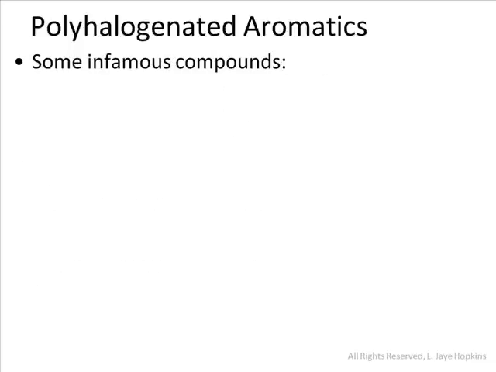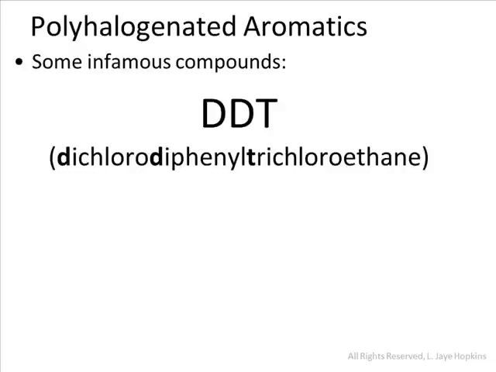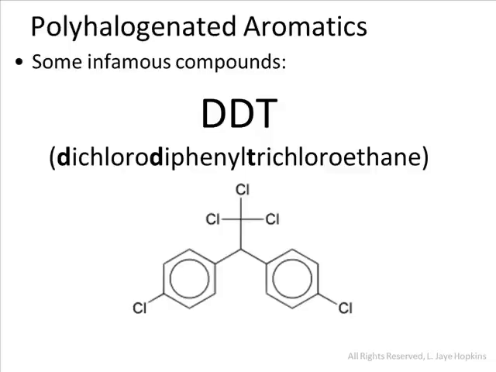The first infamous compound I want to show you is a compound called dichlorodiphenyl trichloroethane, much better known as DDT. DDT's structure includes 5 chlorine atoms, 2 of which are linked directly to 2 benzene rings. Now, DDT is probably most famously known as an insecticide.